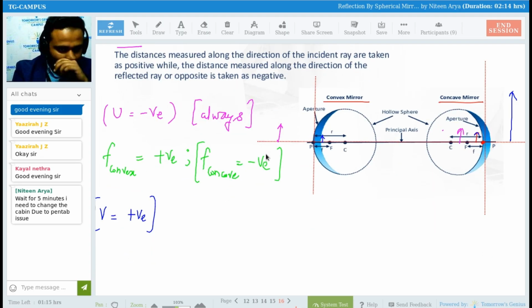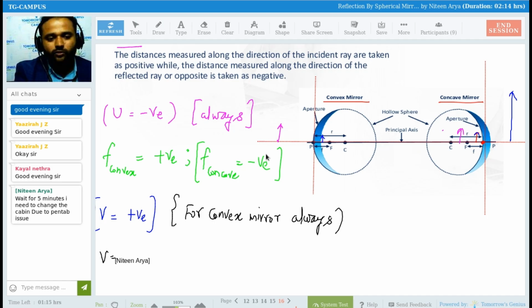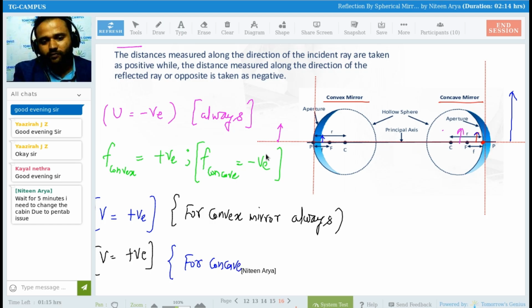So V is going to be positive for a convex mirror always, and for a concave mirror in one case only.